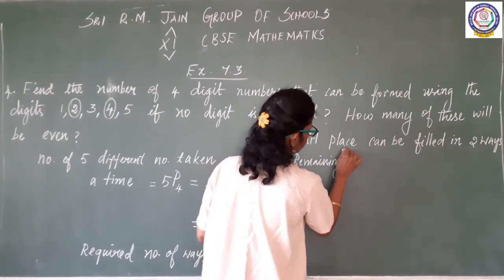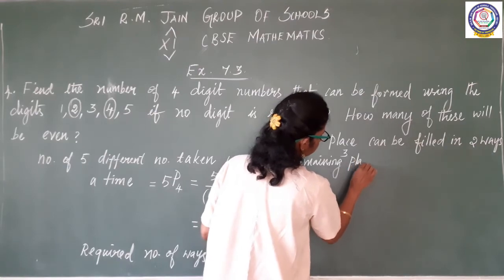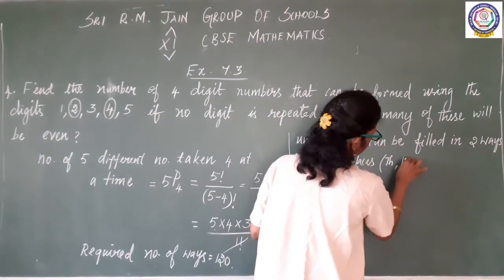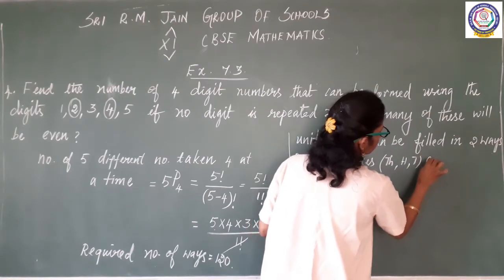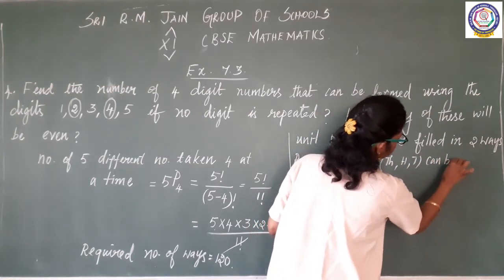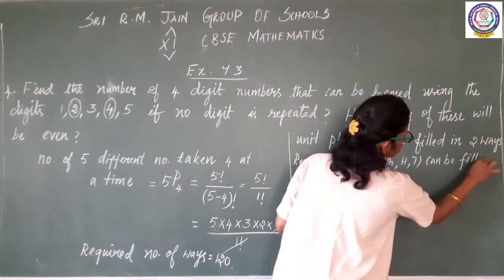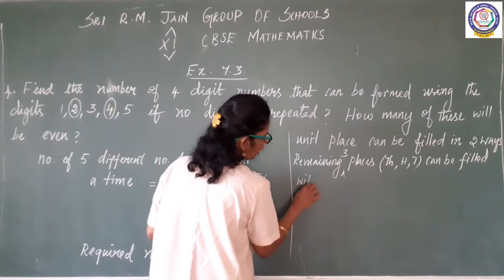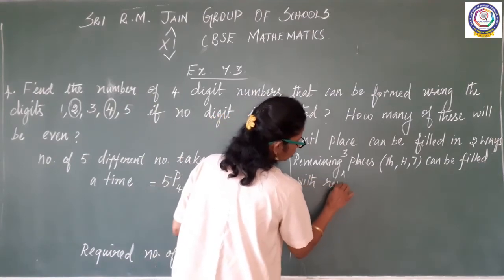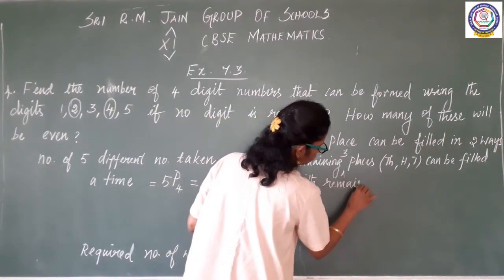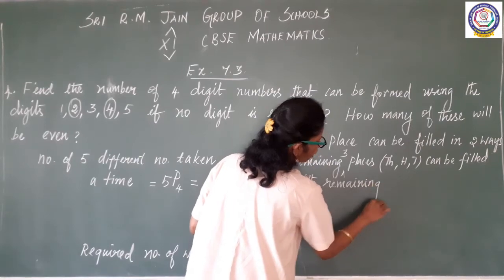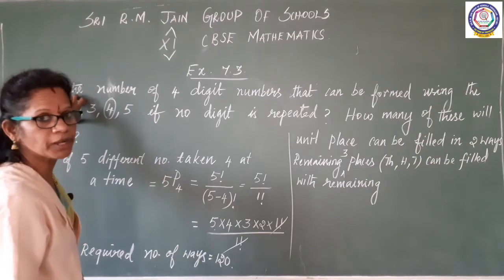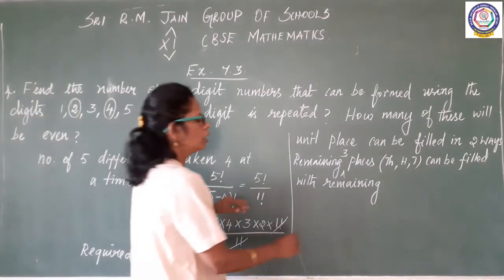Remaining places, what are the places remaining? 3 places. That is thousands, hundreds, tens. Can be filled with the remaining numbers. How many remaining numbers are there? Once 2 is fixed in the unit place, 4 numbers, right?